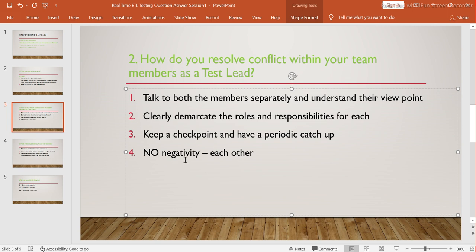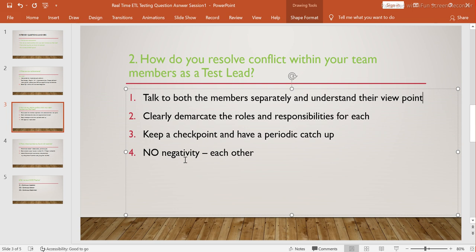And then the fourth point is no negativity about each other, right? So you should not criticize one person in front of the other person, because that gives a wrong impression, right?